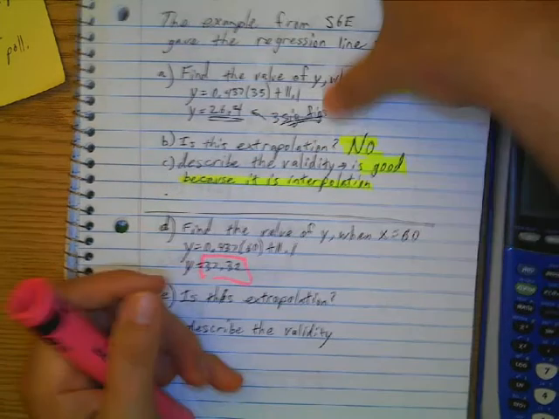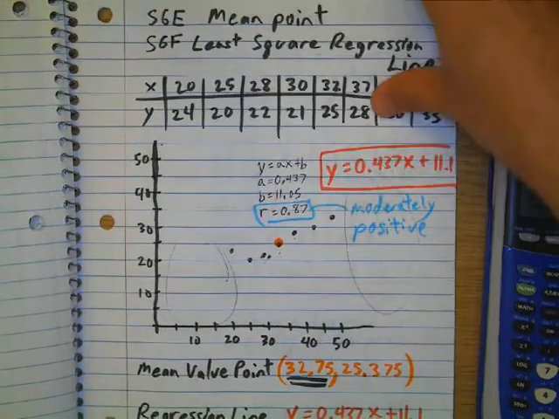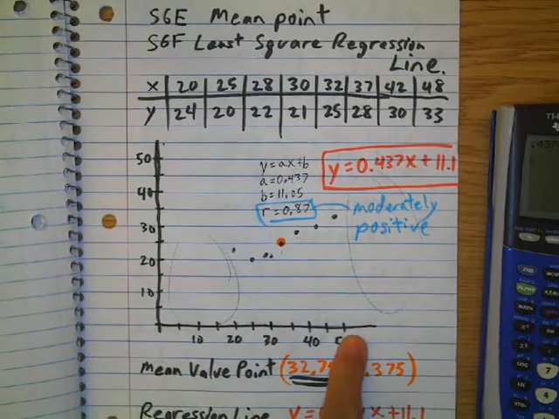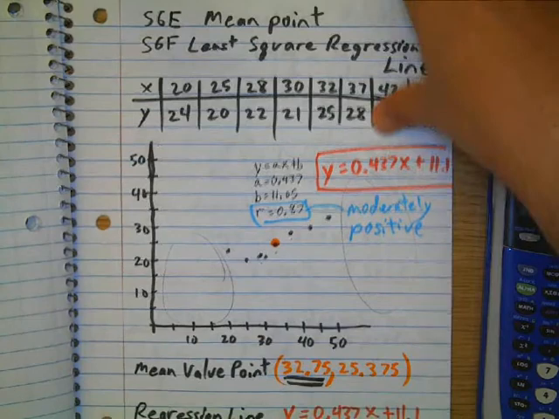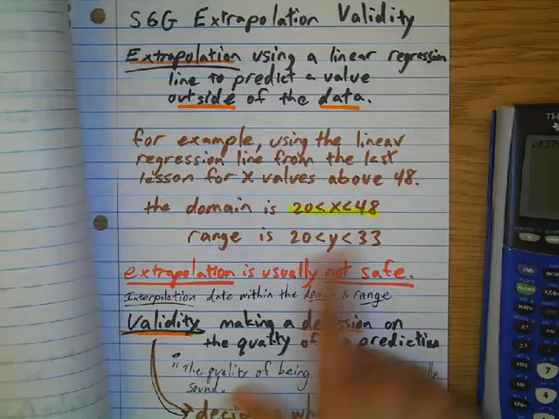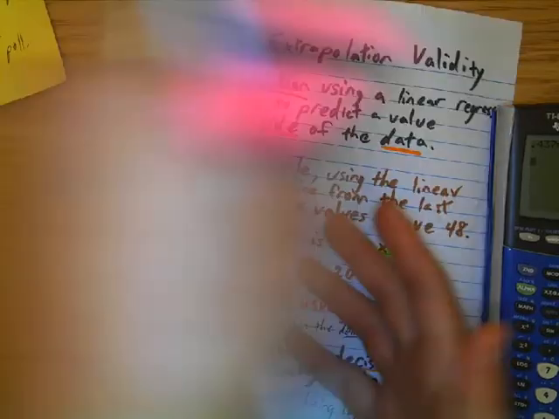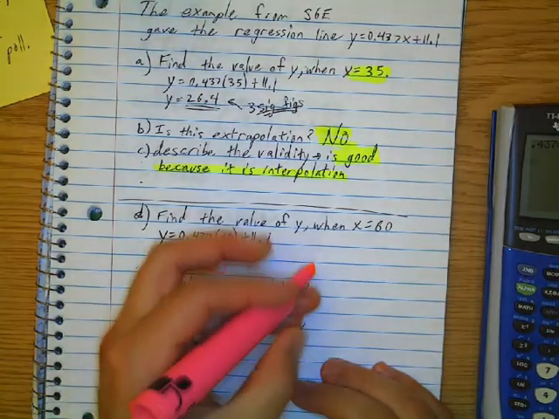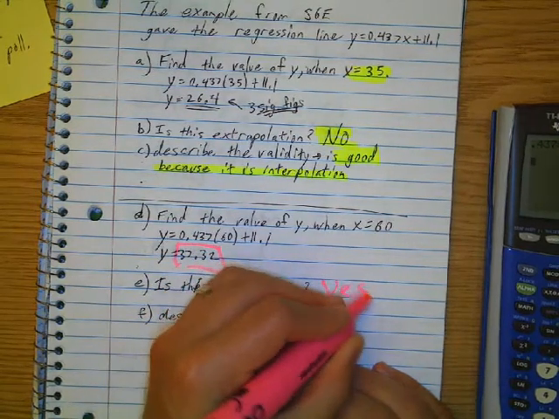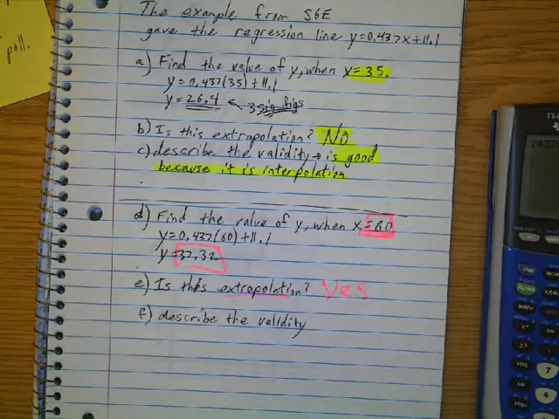Go back to the data. If I'm plugging in 60, I'm not within the data, am I? I'm outside of the range. So if I'm outside of the range, this is extrapolation, because this number is bigger than the domain allows.